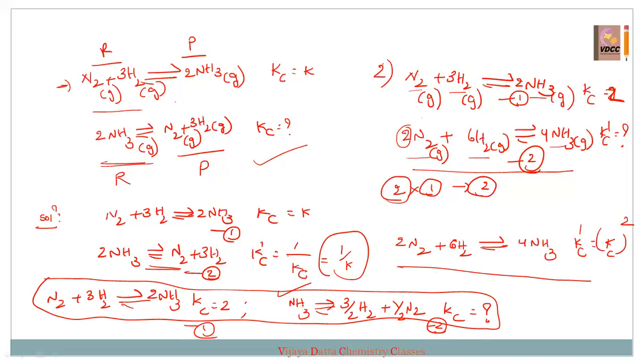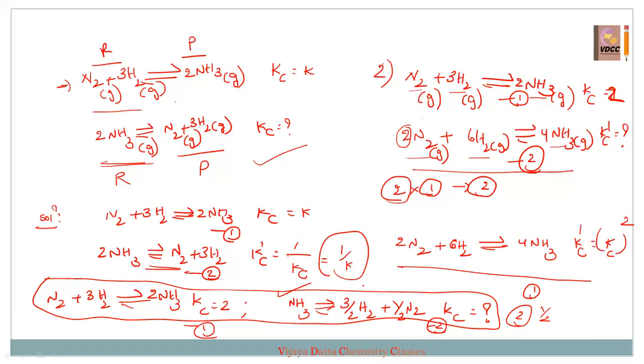That is nothing but they have reversed the reaction. It is the first point. And second point is the product's number of moles is 2, but here there is only 1 mole, and they have done 1 by 2. That is nothing but they multiplied with the half. So they reversed the reaction and they multiplied with the half factor, right?